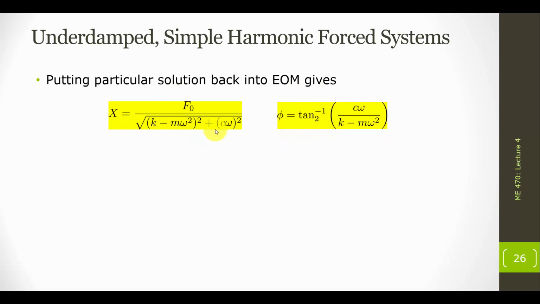And actually, instead of just calculating the x, we're going to calculate the ratio of x over f naught. So we're going to see how the ratio of the output amplitude to the input amplitude is going to change as the value of omega changes. And we'll just do this right in MATLAB using, again, the same equations, but letting omega vary for our plot.